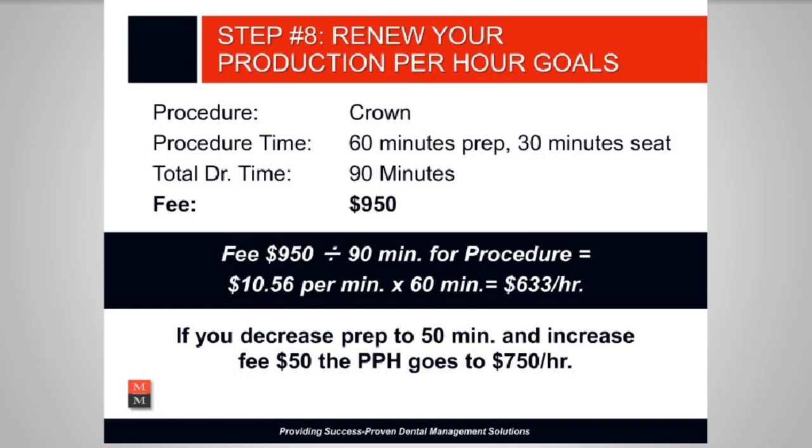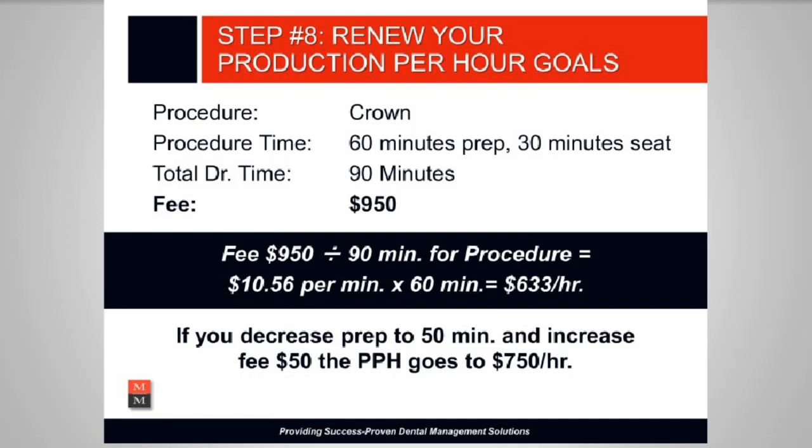And let me suggest that you do this production per hour math calculation on every single procedure you do. To determine the rate of hourly production and see if the practice is meeting its objectives, the assistant needs to log the amount of time it takes to perform each procedure that the practice does.